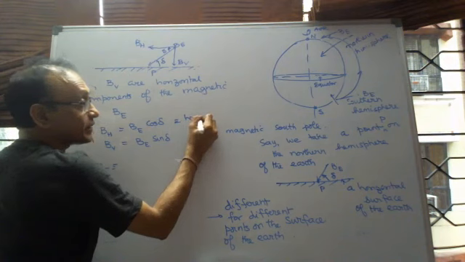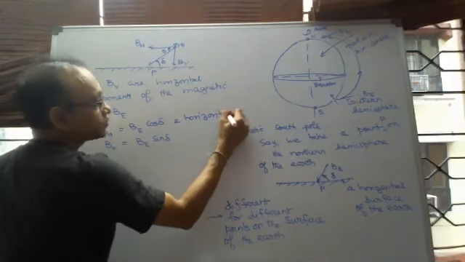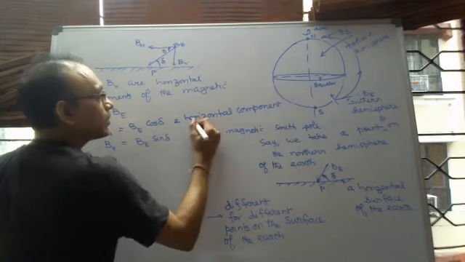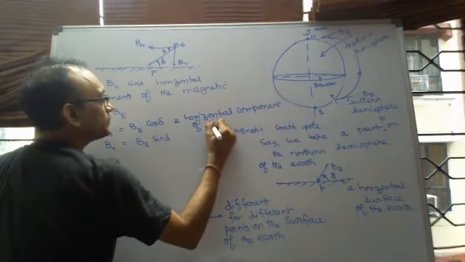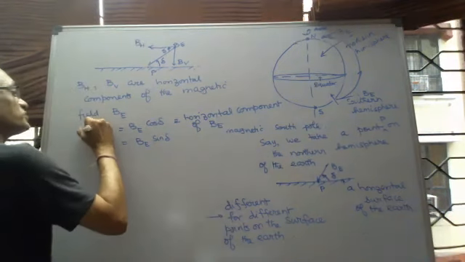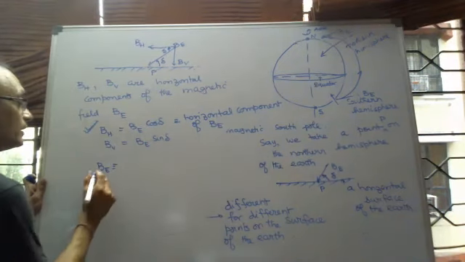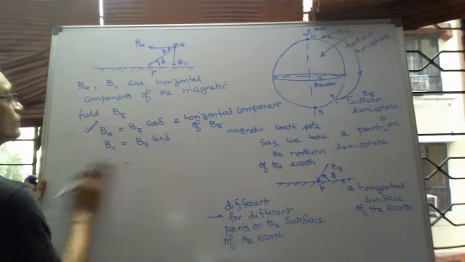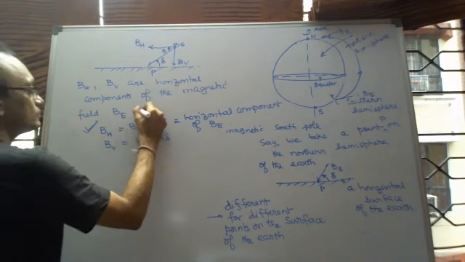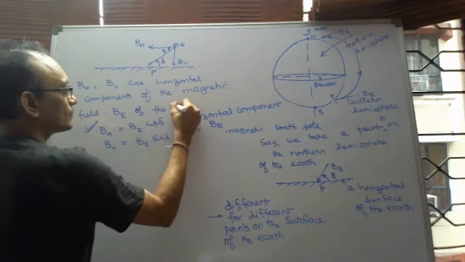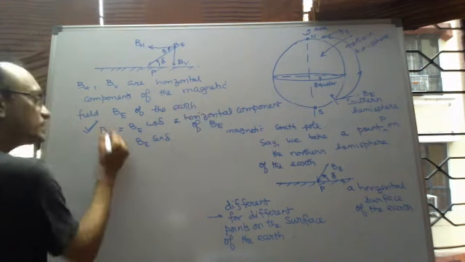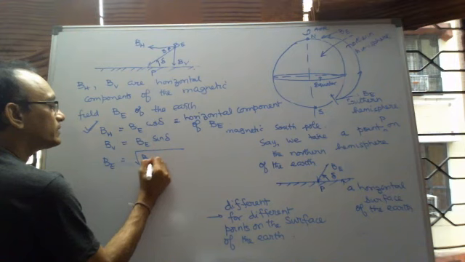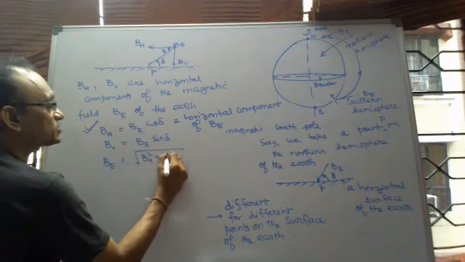This is an important thing, especially the horizontal component of the magnetic field. BE is obviously the magnetic field of the earth. If I square and add, BE would be root BH square plus BV squared.